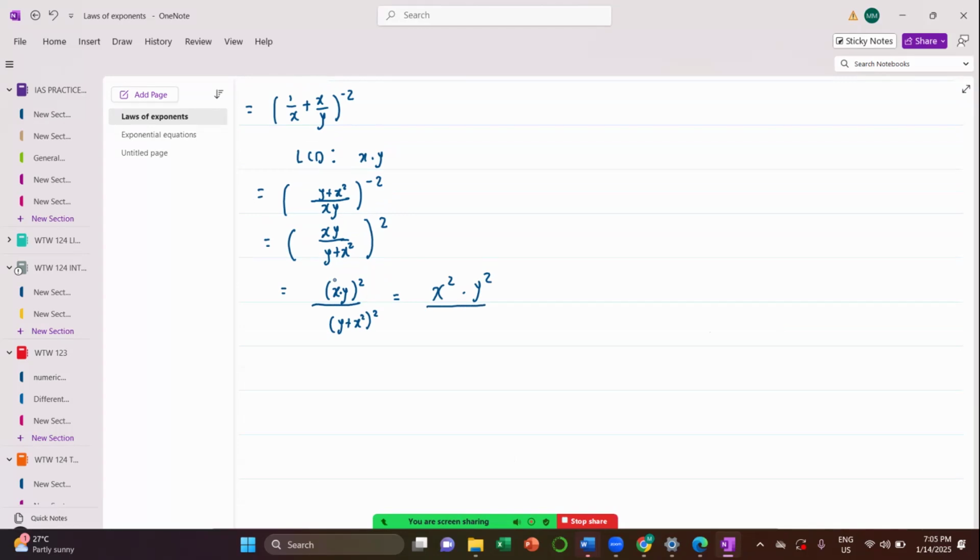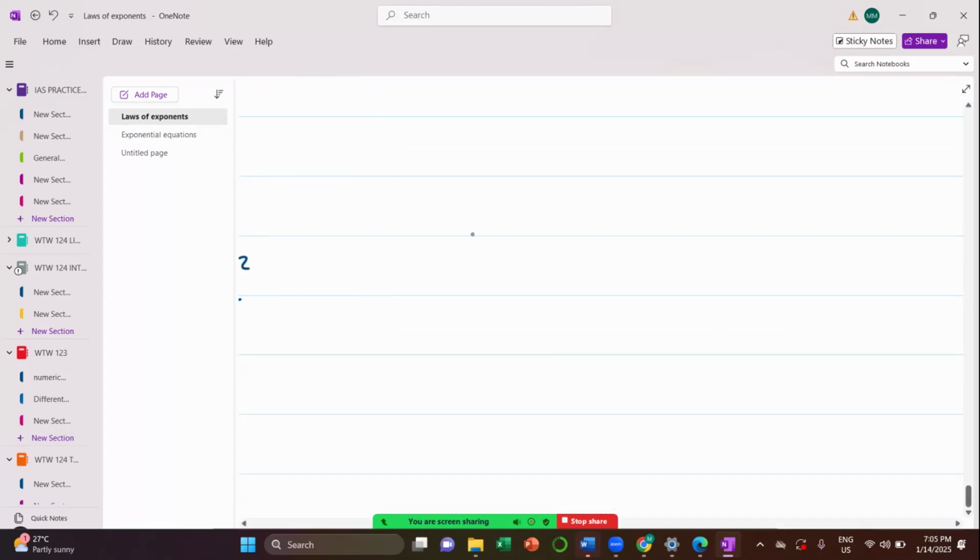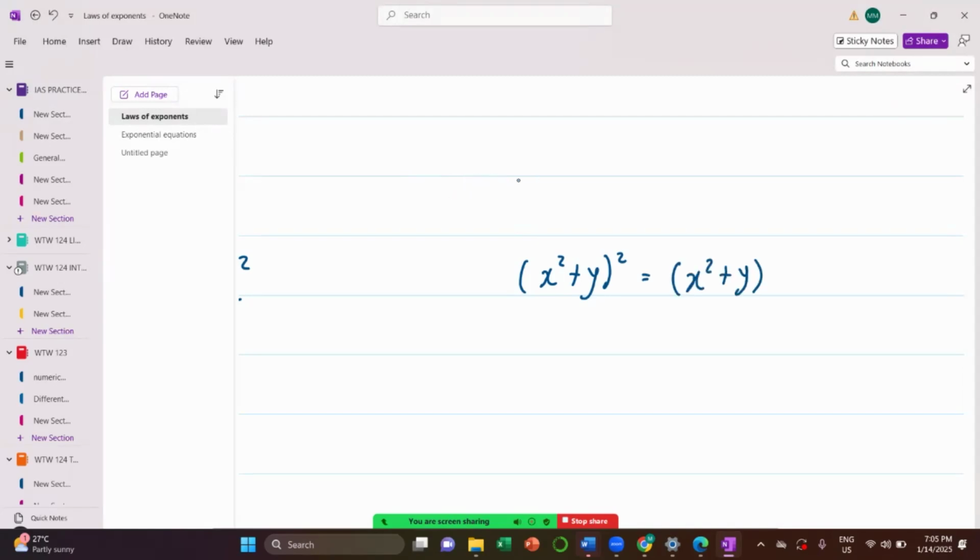what I have at the bottom, which is x squared plus y, all squared. Here it's simple: you are multiplying two brackets, x squared plus y multiplied by x squared plus y. For this, we use the FOIL method, right?